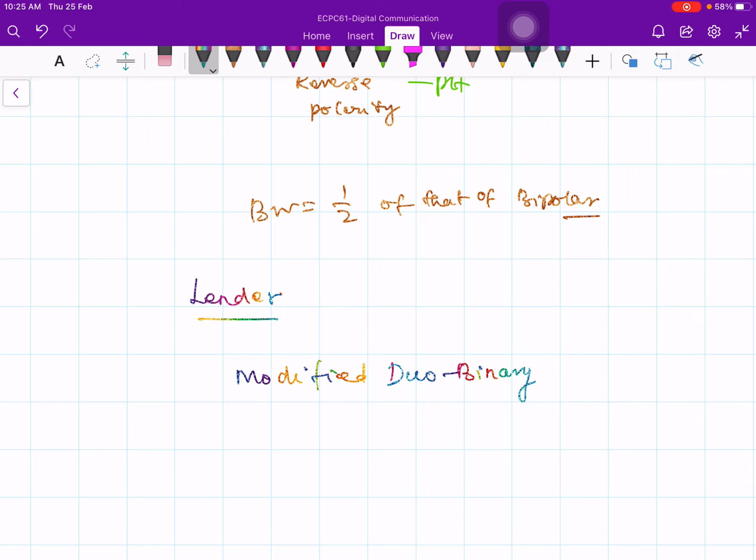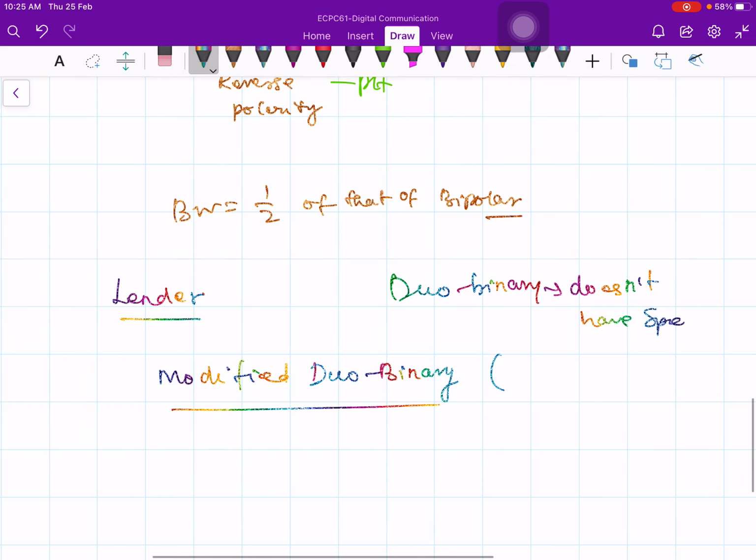What is the disadvantage of duobinary? Duobinary doesn't have a spectral null, but bipolar has a spectral null at omega equal to 0.